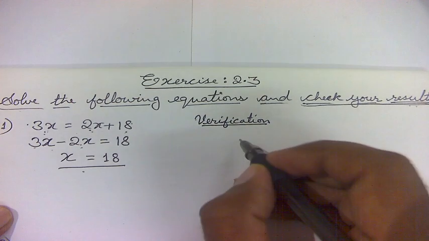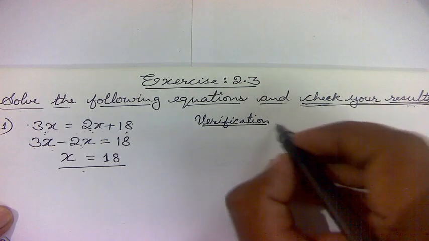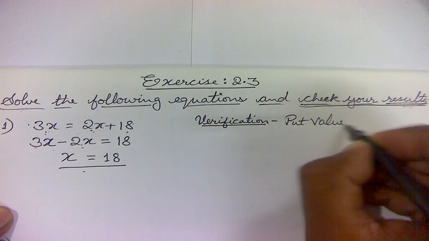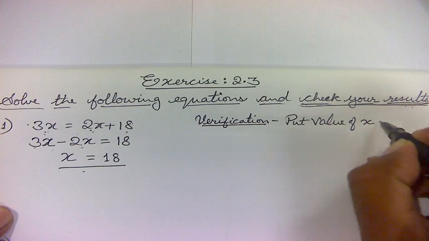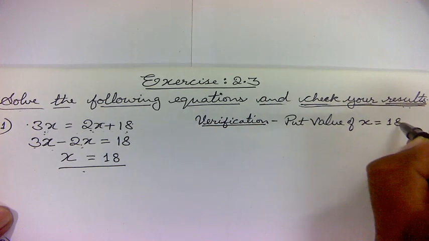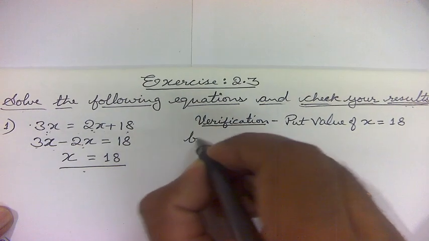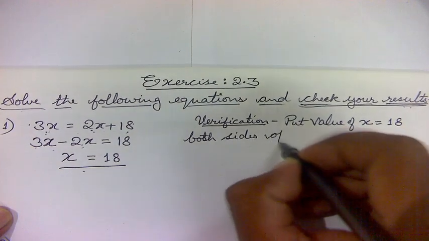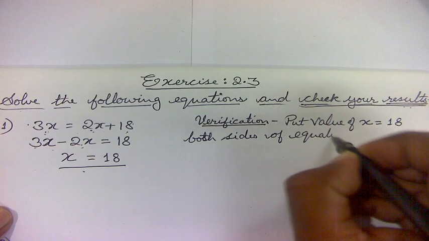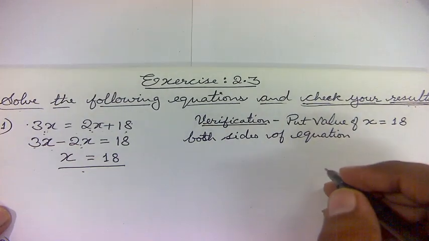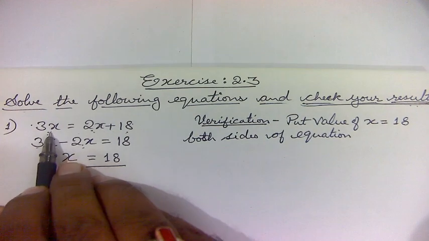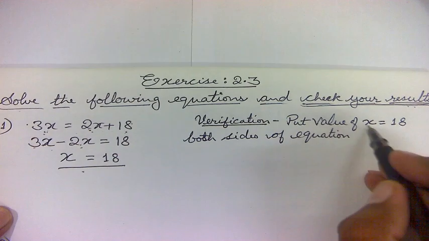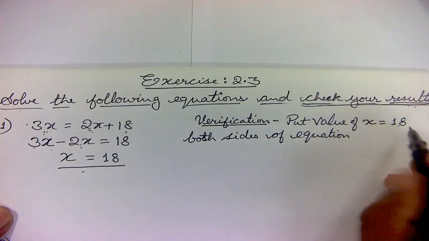In that case, we will put the value of x as 18 on both sides of the equation, that is, in the left hand side and in the right hand side, we will substitute the value of x as 18.